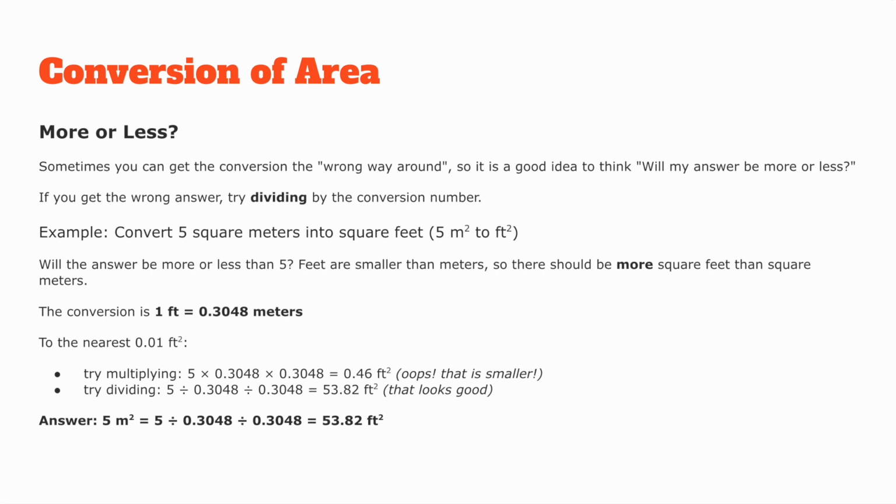We divide 5 by 0.3048 by 0.3048, so the answer will be 53.82 feet square. And it works. So 5 meters square equals 53.82 feet square.